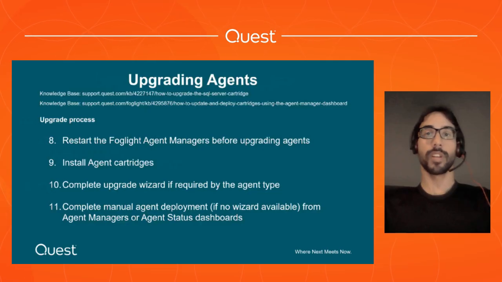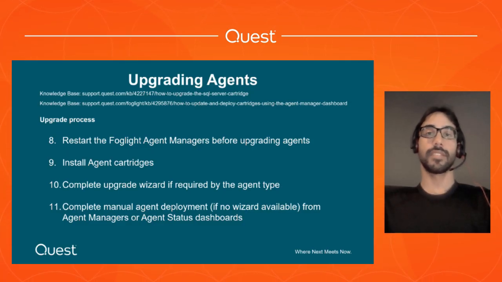Moving on to the upgrade of the agents, we recommend to restart the Foglight agent managers before performing the upgrade. This is to ensure that they are able to restart without issues and reconnect back to the Foglight management server. If any problems are encountered at this point, then those can be investigated before proceeding with the upgrade.